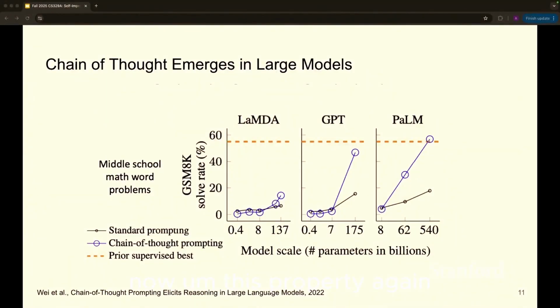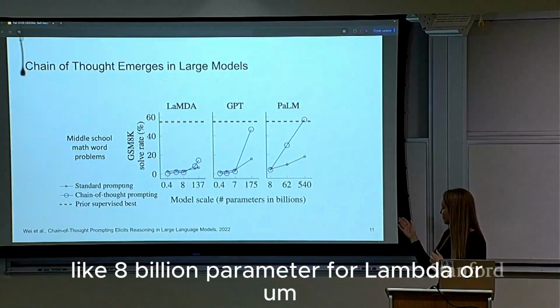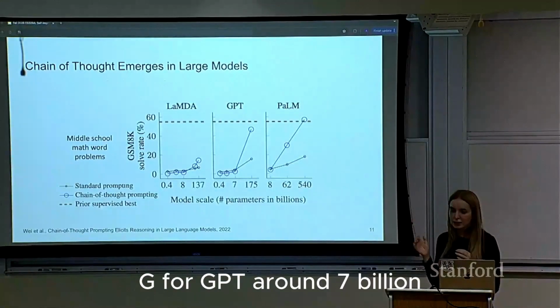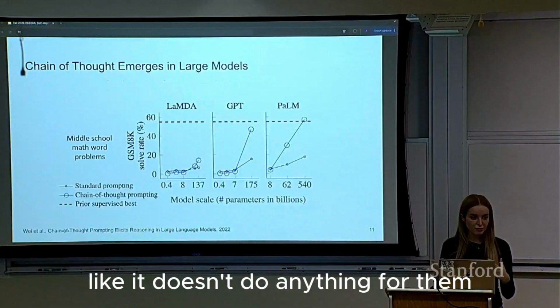Now, this property again appears as we have larger and larger models. Here are 3 models, LaMDA, GPT, and PaLM, and these are some results on a math data set. As you can see, when these models are smaller, like 8 billion parameters for LaMDA or around 7 billion for GPT, they can't really benefit from chain of thought; it doesn't do anything for them.